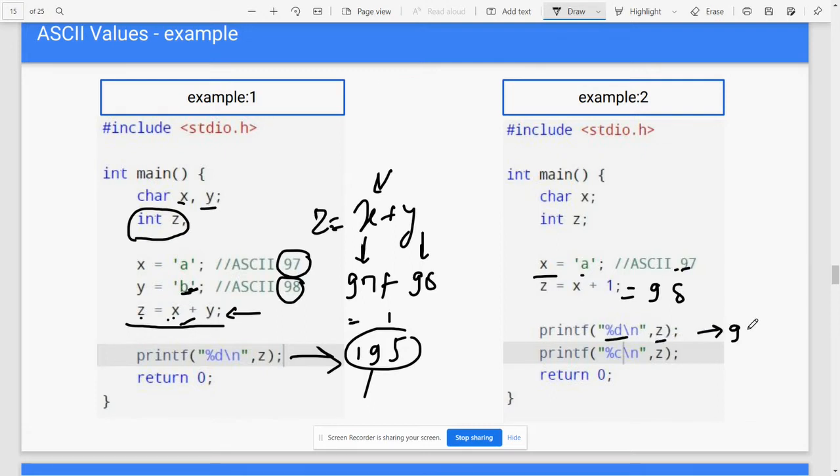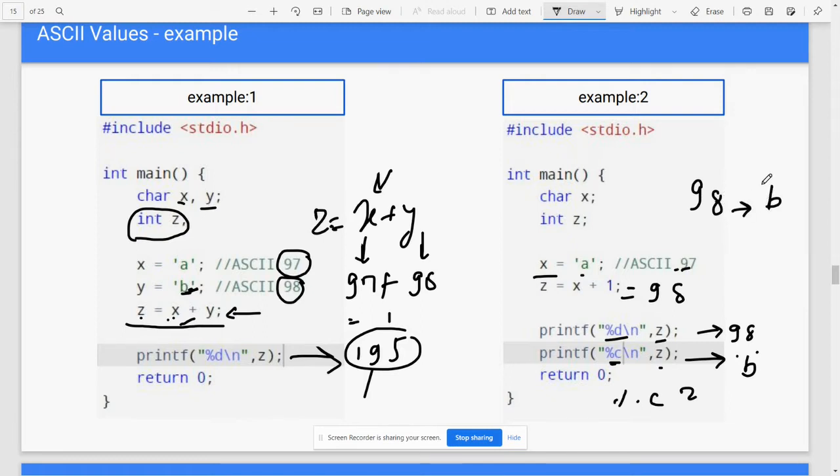But if you try to print %c and then write z here, the way you have written, it will give you the value of small b. Why this? Because I already told you that 98 is a number that is associated with a character, which is small b.